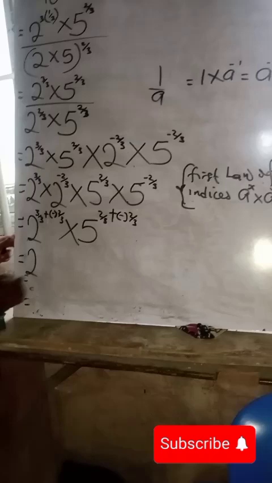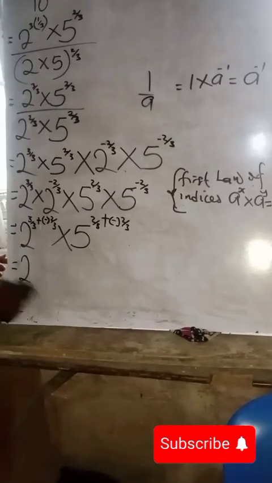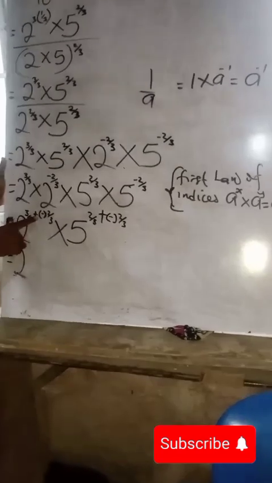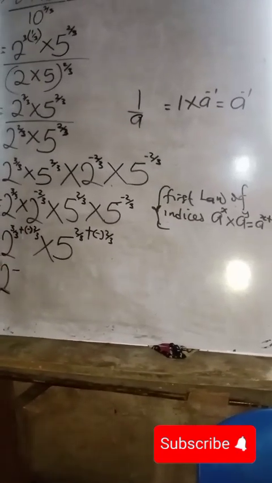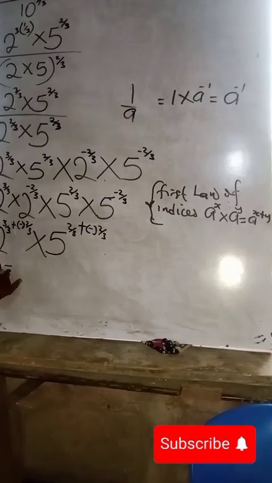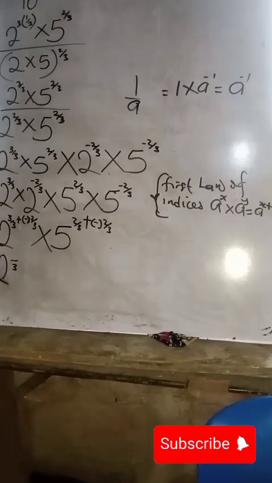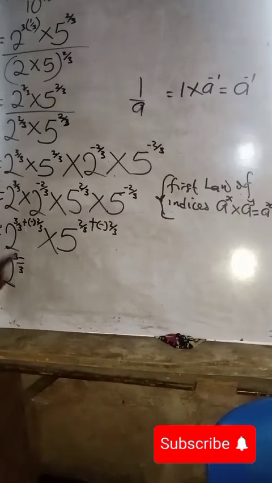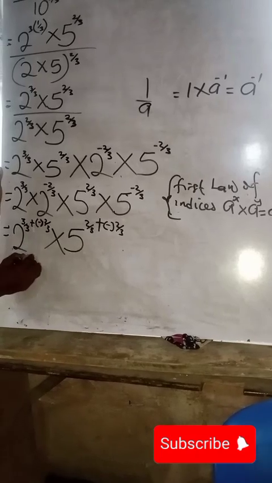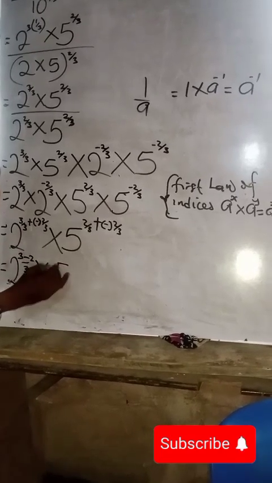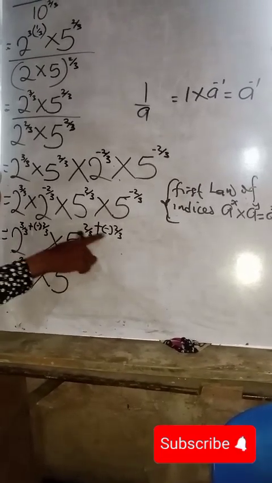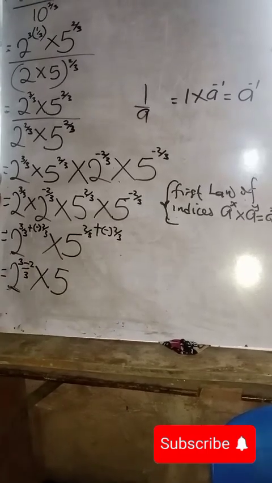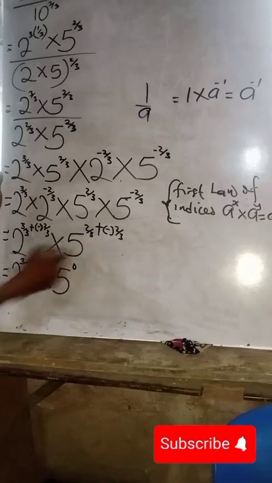Please take note, plus minus with minus. So we'll just quickly look for the LCM. 3 and 3 here is 3. 3 into 3 is 1, 1 times 3 is 3. Plus minus is minus. 3 into 3 is 1, 1 times 2 is 2. And this is the same thing as this, so this minus this will give us 0. 2/3 minus 2/3 is 0.